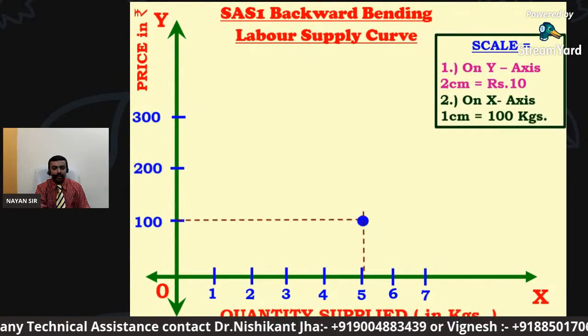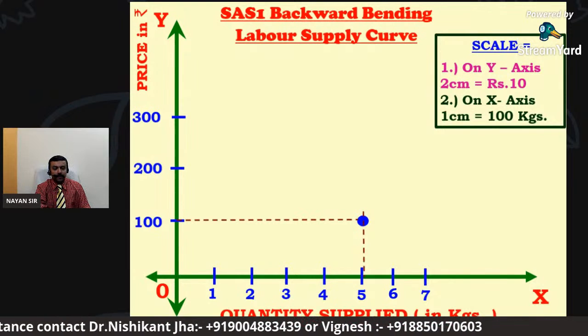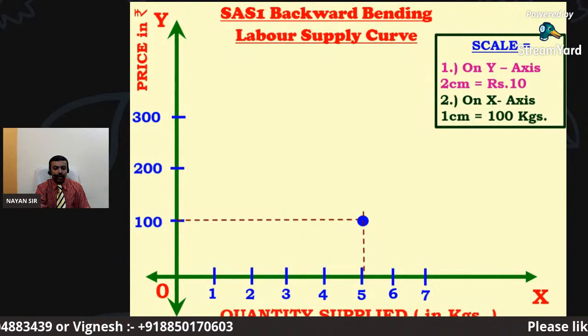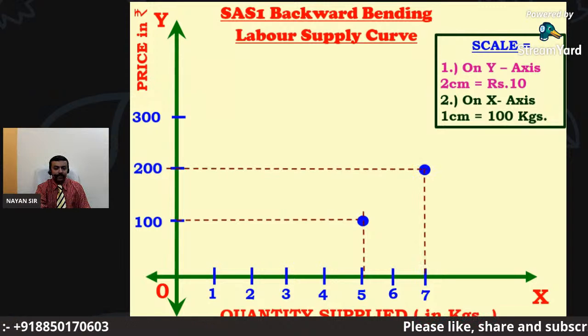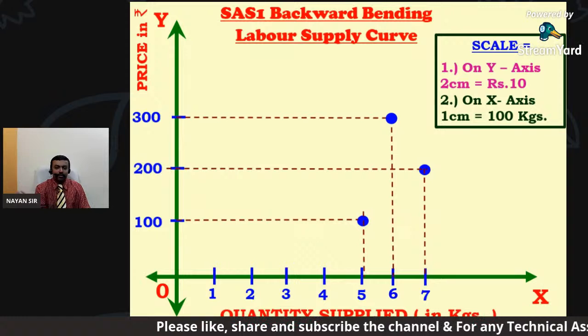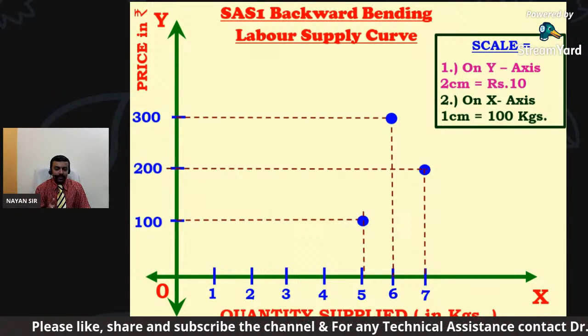That is very important to write. Then you plot 100 corresponds to 5, 200 to 7 and 300 to 6. Just plot it properly. You don't have to worry about it.